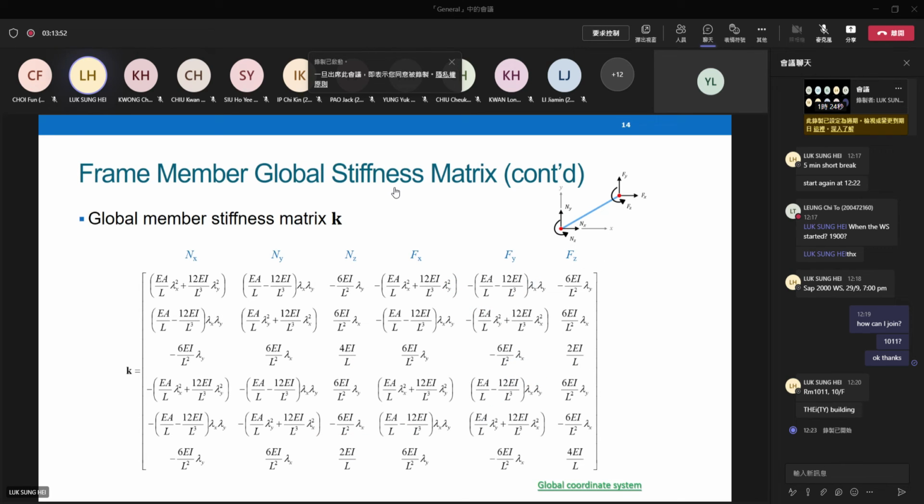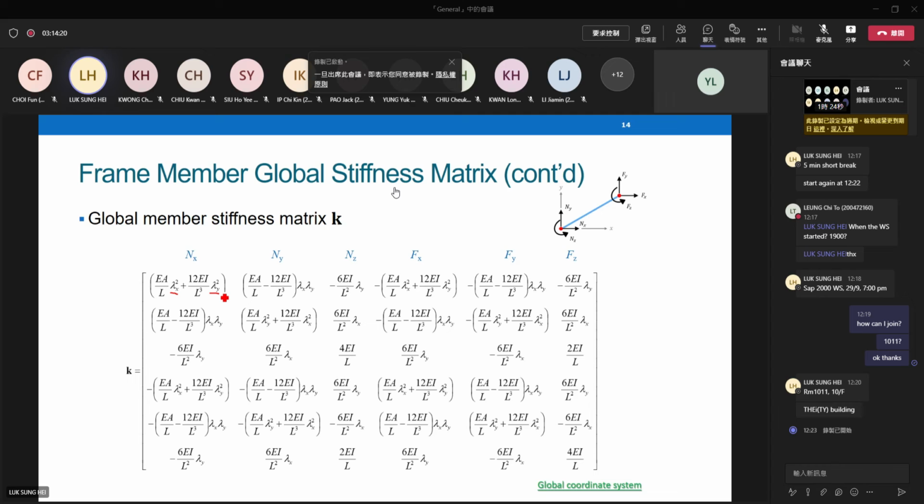The global member stiffness matrix for a frame element is expressed in this equation. Normally, in the quiz and examination, you have to use it to find the member matrix for a frame element. It involves lambda x and lambda y, the direction cosines, in a 6x6 matrix.